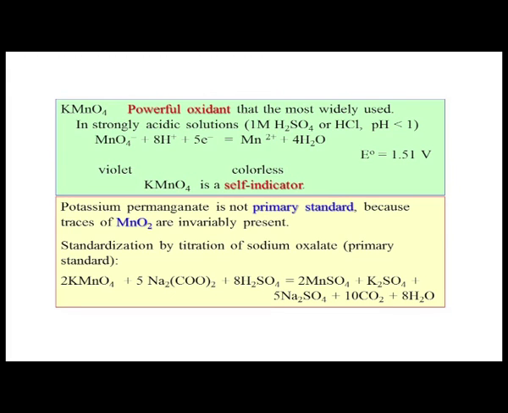Manganese, though a d0 system with no d electron, is in +7 oxidation state, but due to charge transfer transition it is violet in color. This violet color disappears during titration. We can follow the reaction from the reduction of MnO4 minus to Mn2 plus, which is colorless. Therefore, we do not use any indicator to indicate the end point of this titration.